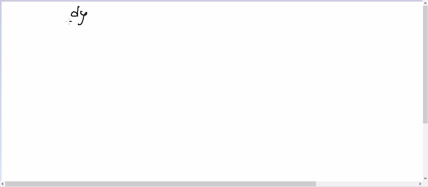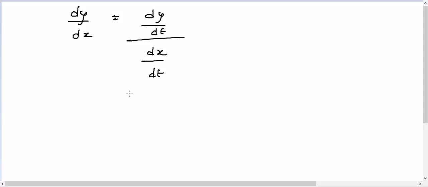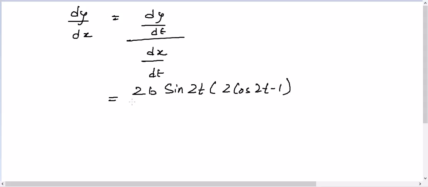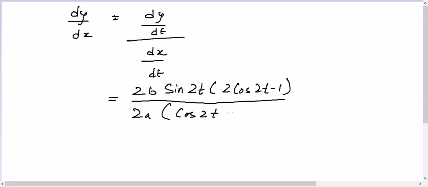Continuing, dy by dx we can write as dy by dt divided by dx by dt. dy by dt was twice b sine 2t (twice cos 2t minus 1), divided by dx by dt, which was twice a (cos 2t plus cos square 2t minus sine square 2t).